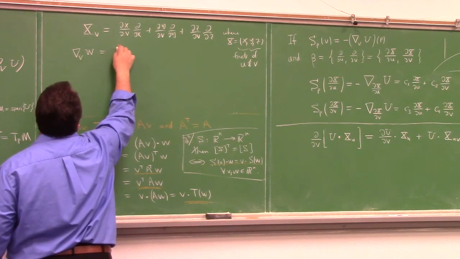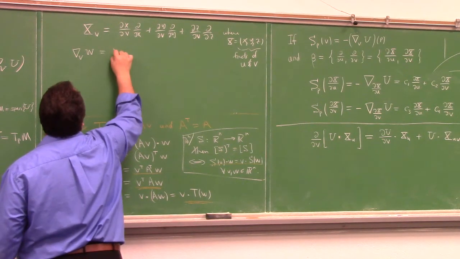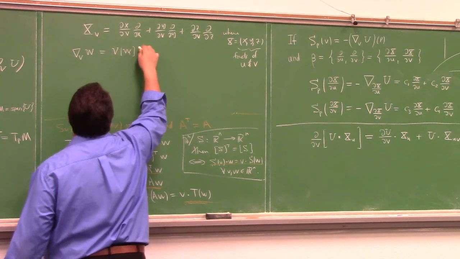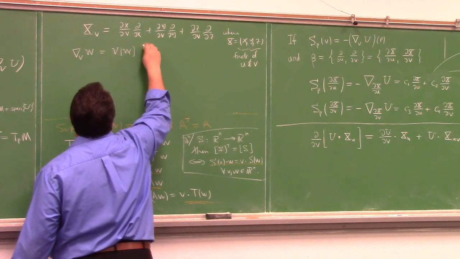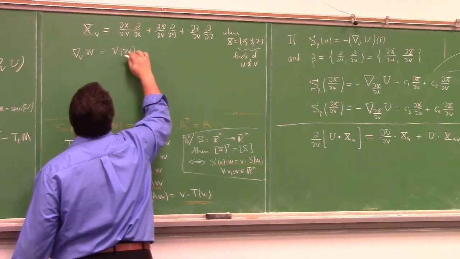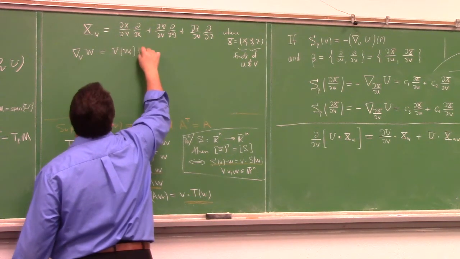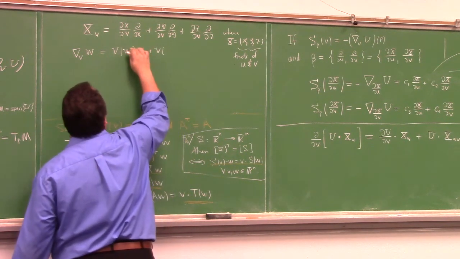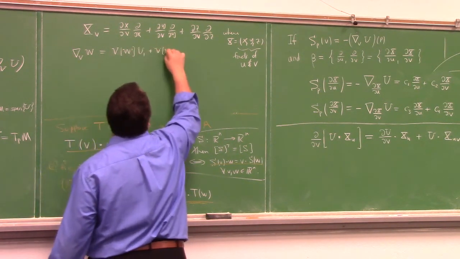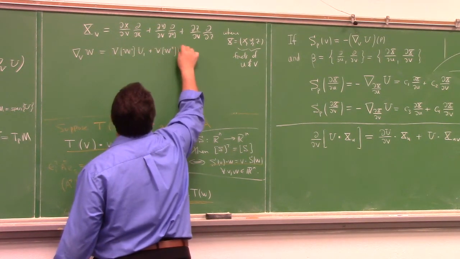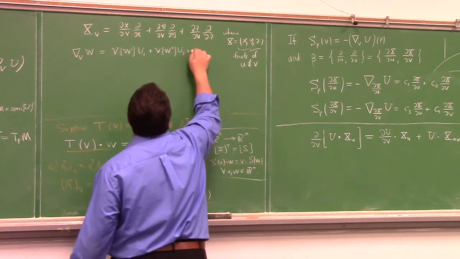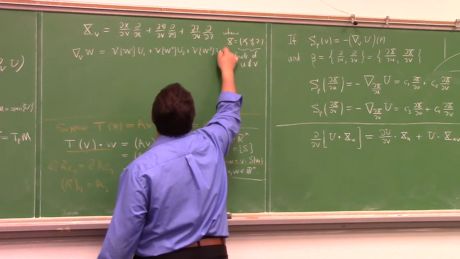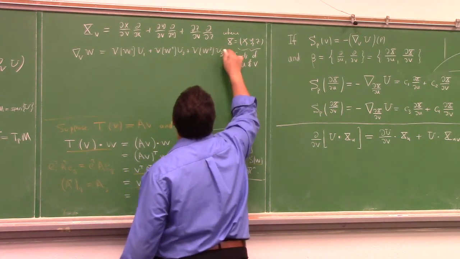It was v of w1, partial x, or I could write it u1, plus v of w2, u2, plus v of w3, u3. That was our formula for the covariant derivative.